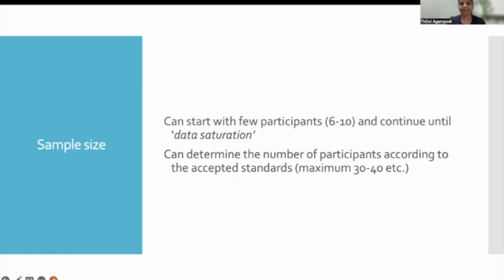Sample size. We don't use large samples such as hundreds, 200s, thousands in qualitative research. In quantitative research, we use a large sample, or we calculate a sample size, to avoid chance, right?